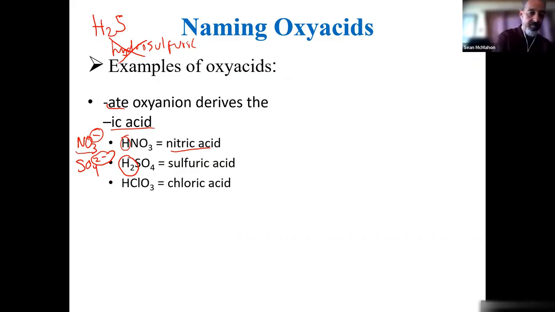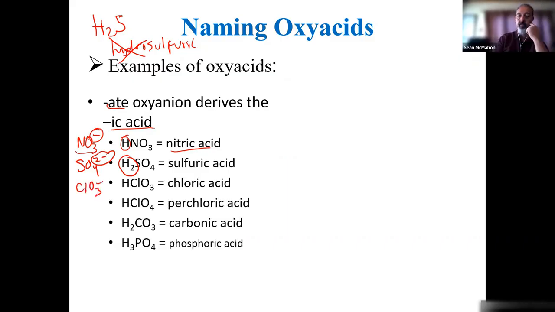Chloric acid, that's derived from chlorate. Perchloric, that's derived from perchlorate. Carbonic, derived from carbonate. Phosphoric, derived from phosphate. Notice, right?